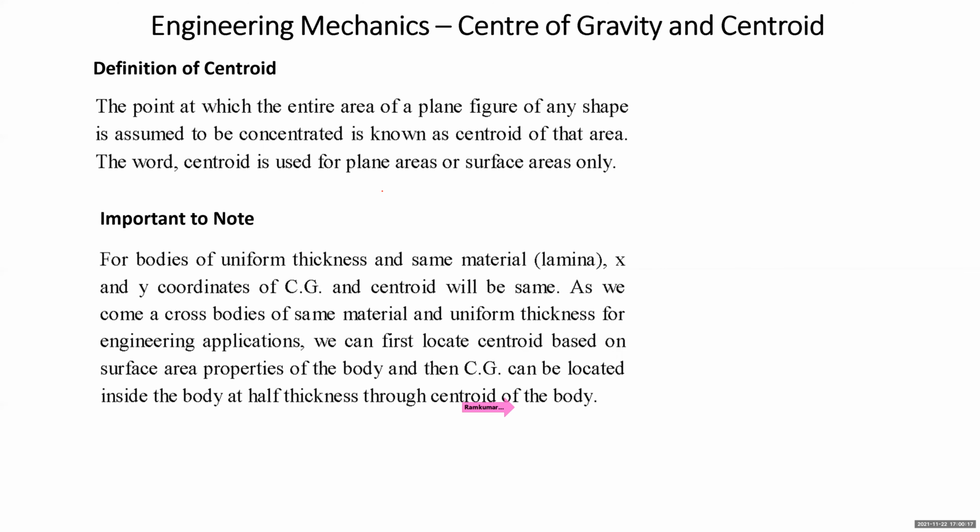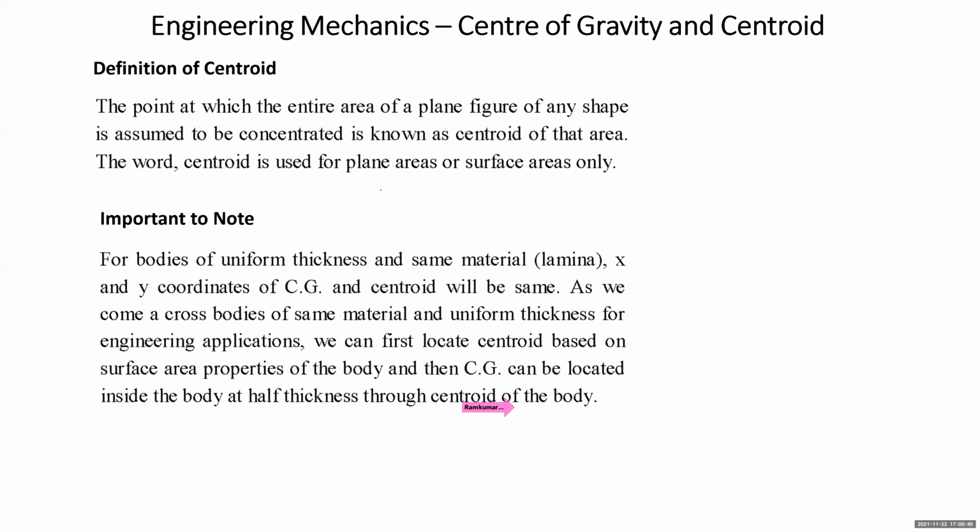Now, the only thing is that you have to know the surface area properties. You can locate the centroid based on surface area properties, and you can mark the CG of the body. You simply need to go inside the body at half thickness through the centroid. Once we have located the centroid, x bar and y bar, we mark it on the surface of the body, and CG will be exactly inside that same position at half thickness.